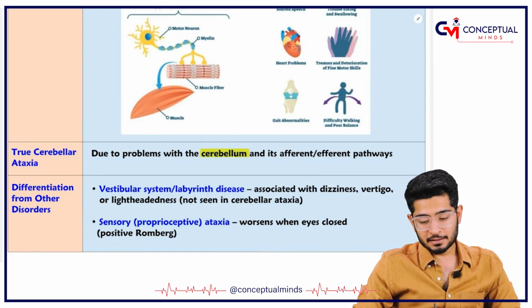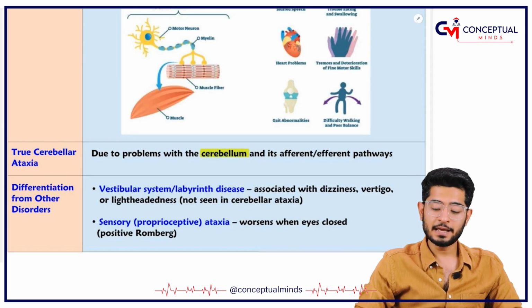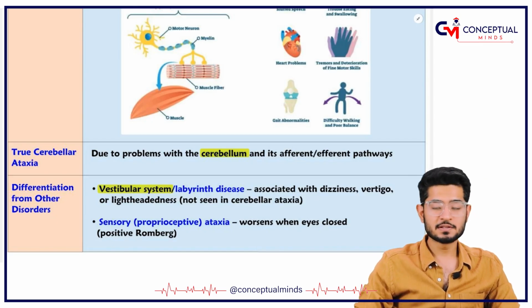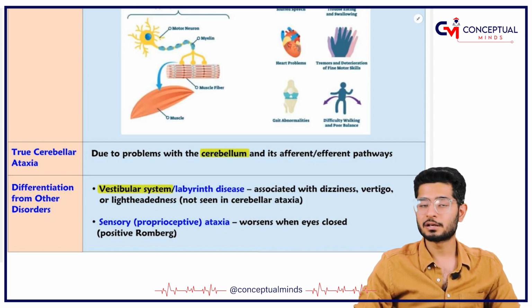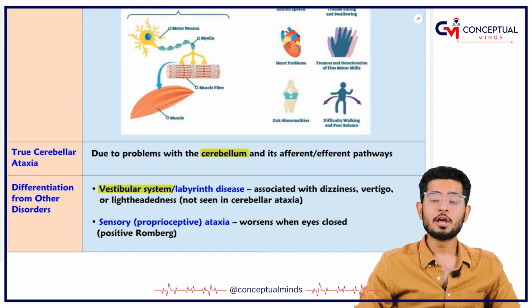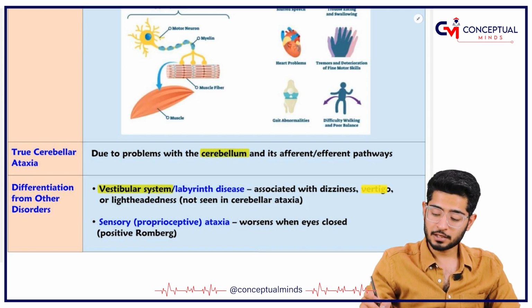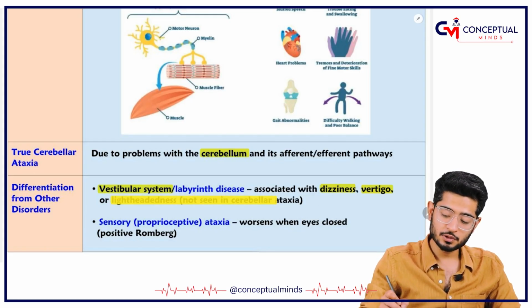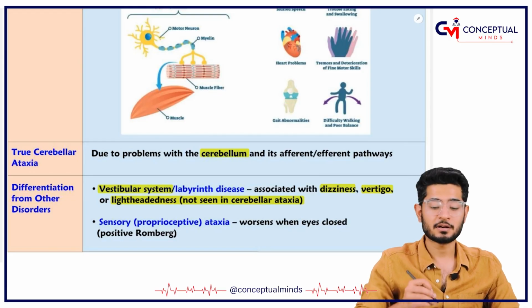But there are some other ataxias also, like vestibular system ataxia. Vestibule, you very well know that it is present in the internal ear, which is associated with vertigo-like functions, features like dizziness. There will be lightheadedness also, which is not seen in cerebellar ataxia.